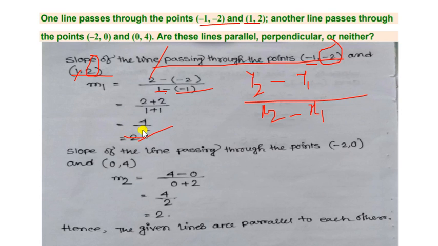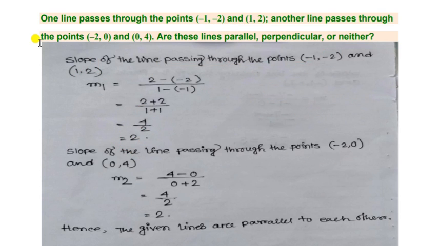At the same time we find the slope of the next line, passing through (-2, 0) and (0, 4). Same formula: y2 minus y1 is 4 minus 0, and x2 minus x1 is 0 plus 2, because minus minus is plus.